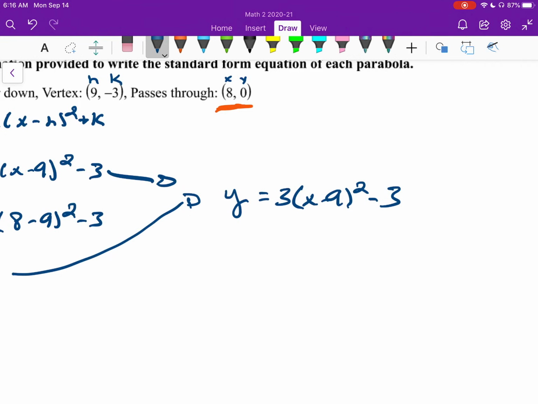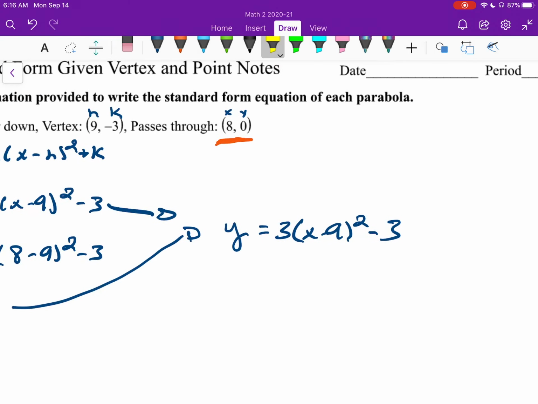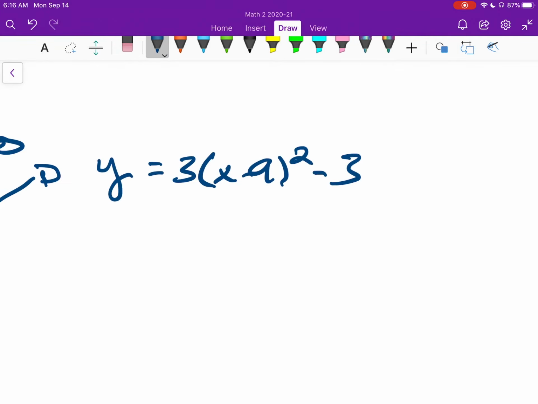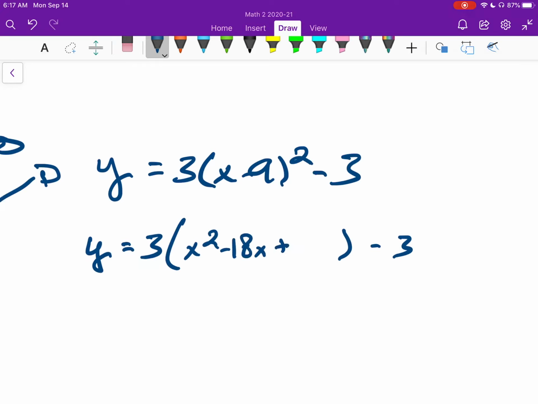Now, the last bit of this is that we have to actually put it in standard form, right? Because the directions say standard form. So we just have to FOIL this out and get it all simplified. So we'll have y equals 3, and then some big parentheses, and I'll square this term. So it's going to be x squared minus 18x plus 81.